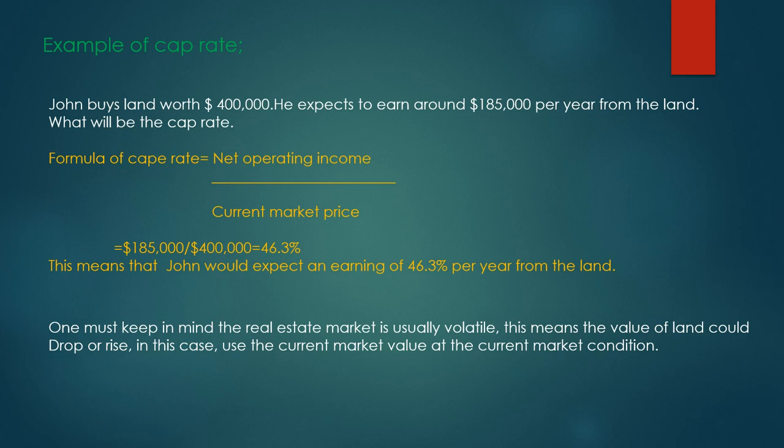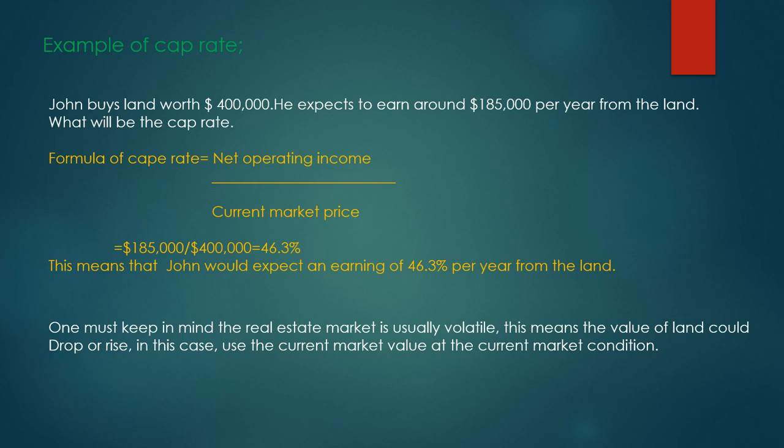In this case, the net operating income is $185,000. We don't have any other expenses, so we use $185,000 as the net operating income. The current market price, which you are given, is $400,000.